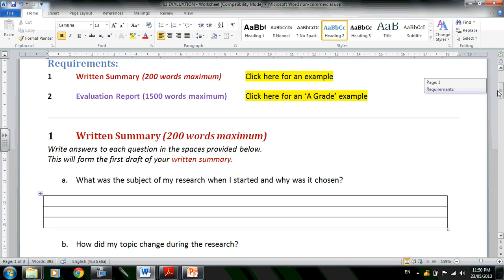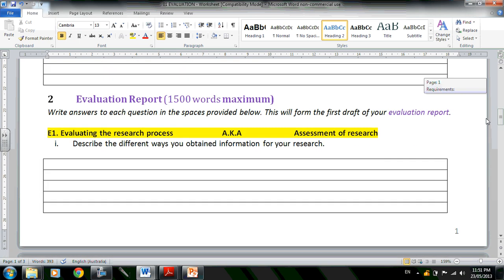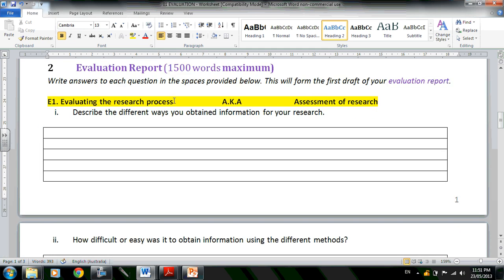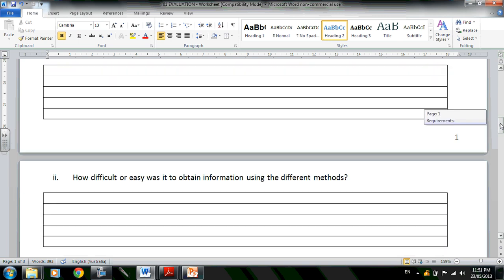The evaluation report is addressing three criteria we're going to discuss in detail later. And the three criteria are: number one, the evaluation of the research process. Therefore, you're assessing your research.